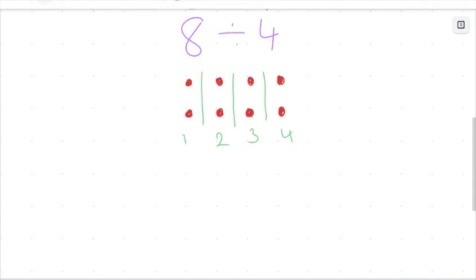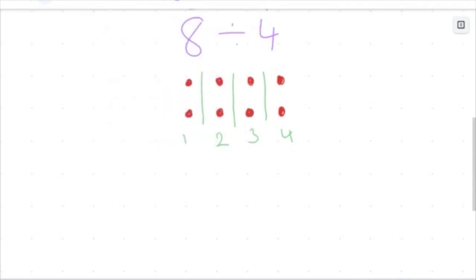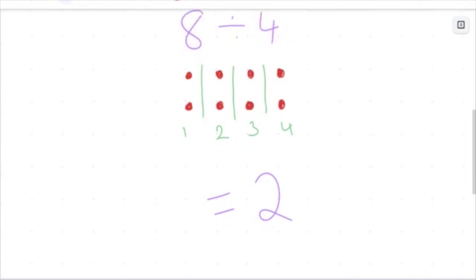And you can clearly see here we have 2 in each group. This is what we mean when we divide. So 8 divided by 4, if I want to split 8 into 4 equal groups, that will give me 2. Now, another way people like to think of division as well, and it gets you to the same answer, is thinking about how many times does the divisor, so this one, go into my dividend. That's another way we can look at it.